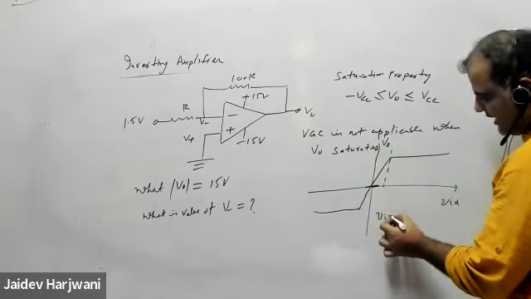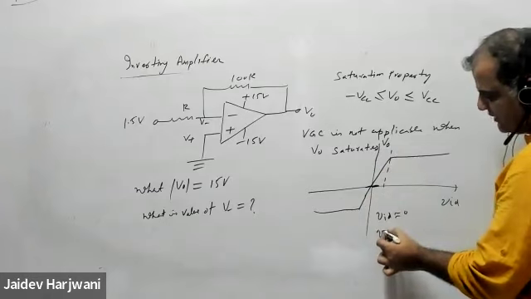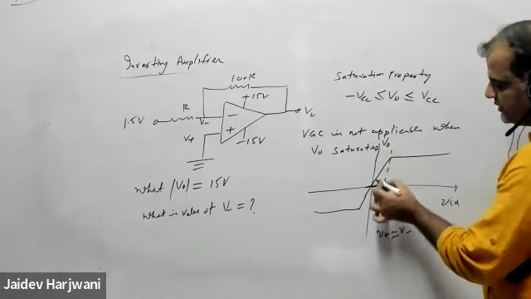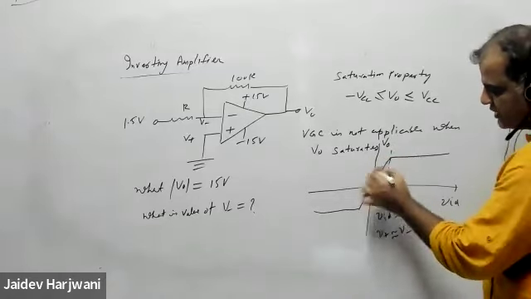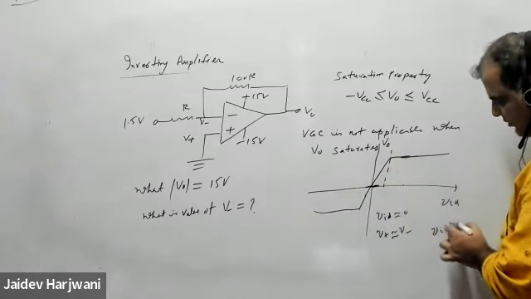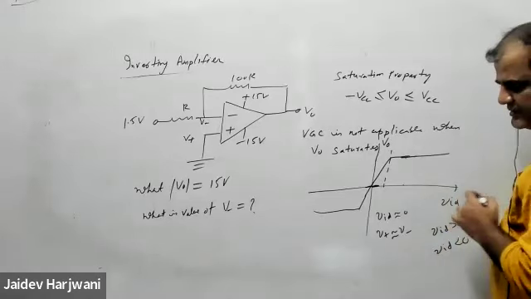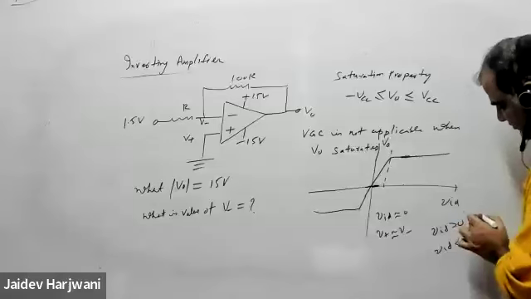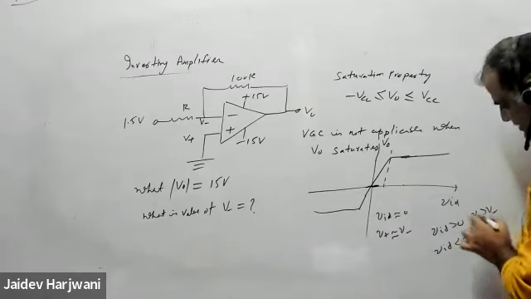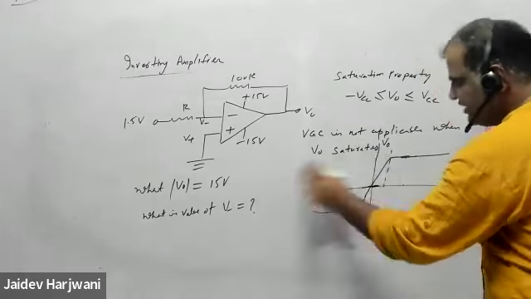VID is almost 0 only when it is not saturating, that is, V plus almost equal to V minus is only true when you are far away from saturation. Once you come into saturation, VID is either positive or negative. That means V plus and V minus are not the same. So here V plus is greater than V minus, and here V minus is greater than V plus. Only near this region are V plus and V minus the same.